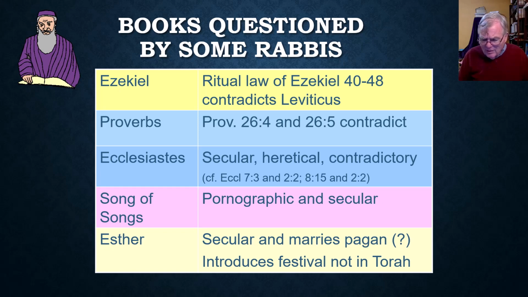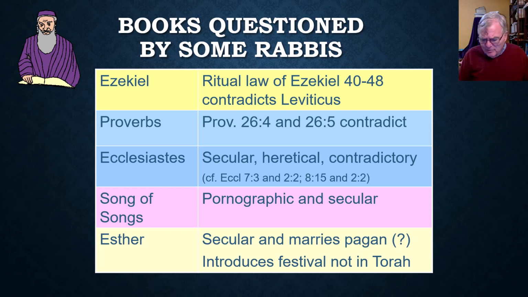And so the Babylonian Talmud, Shabbat 13b, argues that maybe Ezekiel should be rejected from the canon because it contradicts the Torah. Likewise, Proverbs is questioned as being a part of the canon, in part because of a contradiction that all readers of the Bible run into when they read through Proverbs.